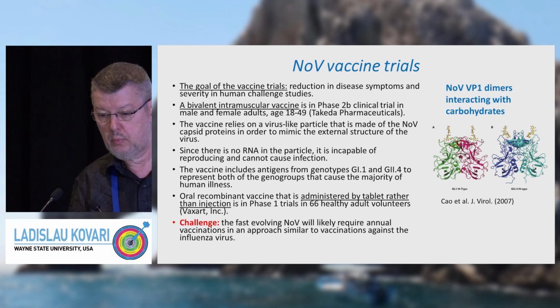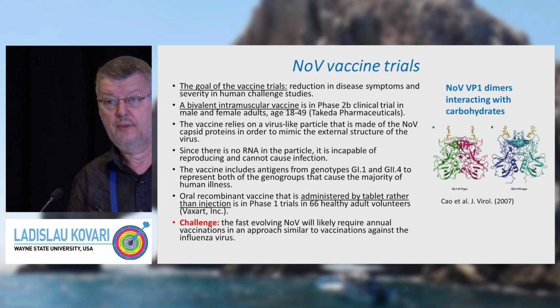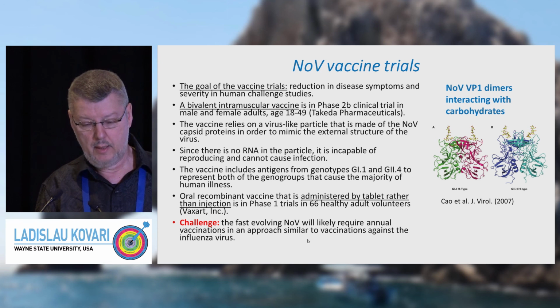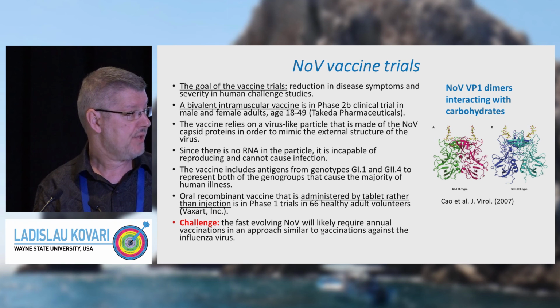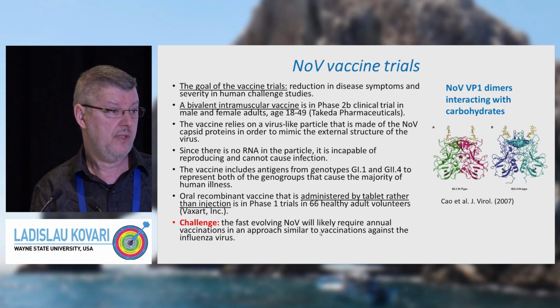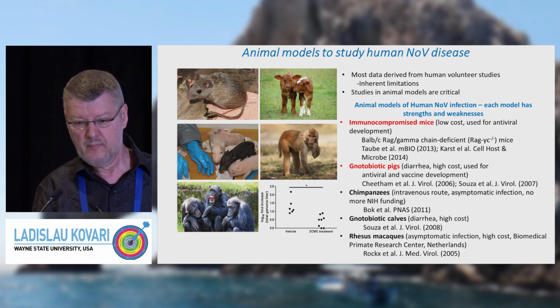This is genogroup 1, and this is genogroup 2. So those are quite different, and most likely vaccines will require an annual immunization, something similar to the influenza vaccines, since that is very rapid evolution.